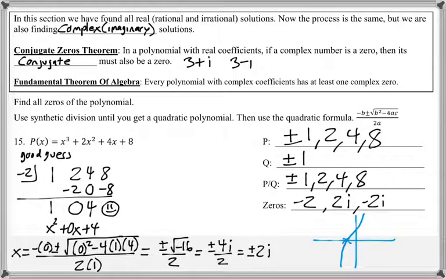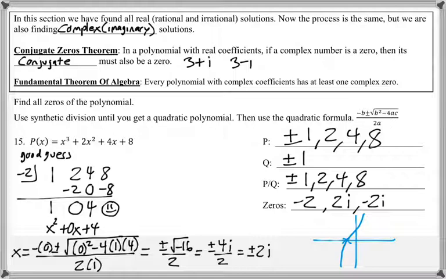And that's really what the Conjugate Zeros Theorem was talking about, that these come in pairs. Because I have 2i, I kind of knew already that I would have negative 2i. But it also naturally comes about by the quadratic formula, because you have this plus or minus, which guarantees that it's going to be a conjugate. So these are our 3 solutions.